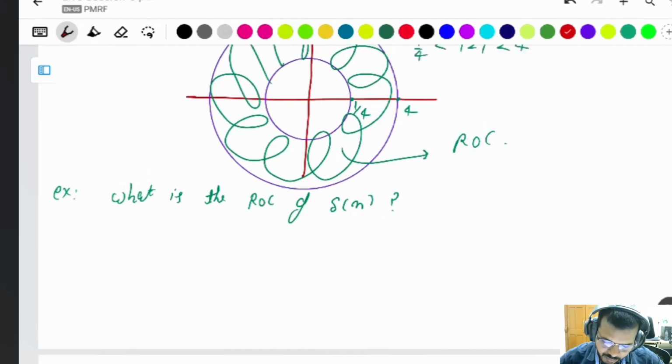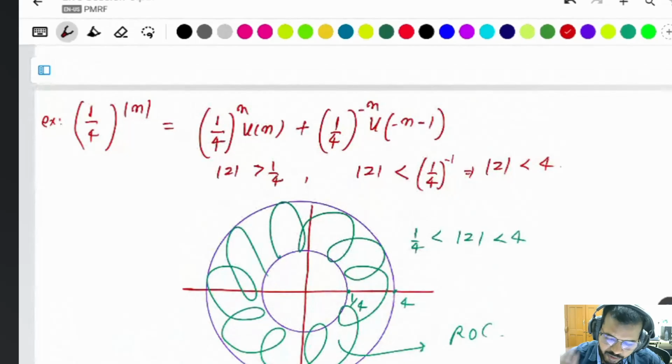In the previous case, suppose there is no boundary, then here the signal will be infinite. In this case, suppose this signal is present from 0 to infinity. This signal is present from minus infinity to minus 1.